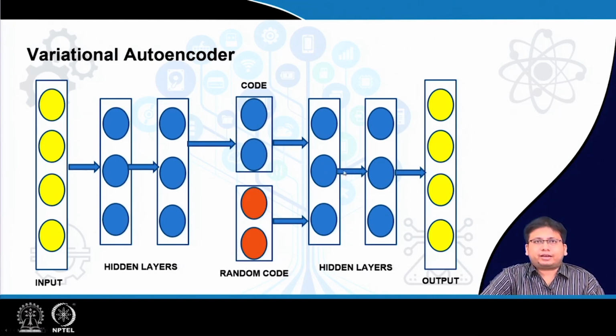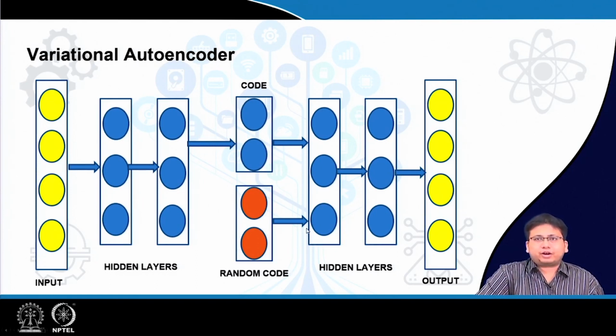This part is known as the encoding. Once we have the code, there is decoding, where there are again other hidden layers which carry out the deconvolution operation, and finally take us to the output. In most cases the input and output are actually identical. That is why it is called an autoencoder, or the self encoder.